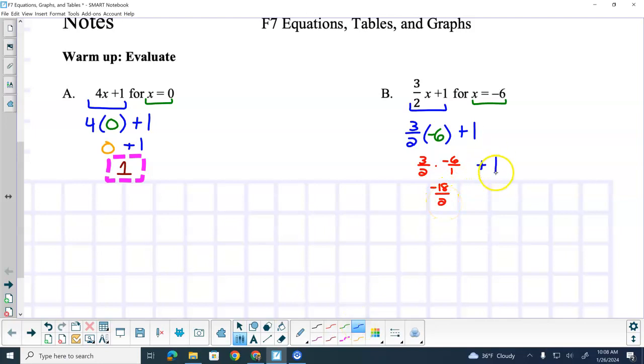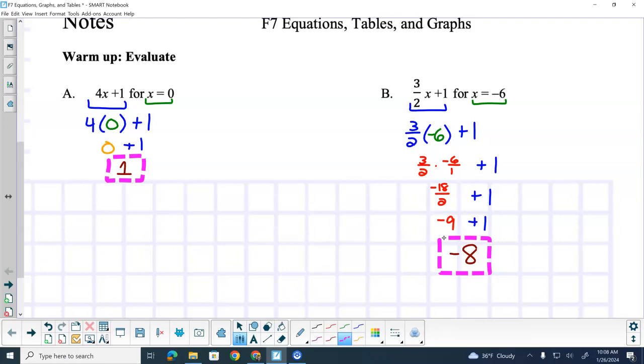Still adding 1, still coming along for the ride. Negative 18 divided by 2 is negative 9. Still adding 1, negative 9 plus 1 is negative 8. So we should have negative 8 for that one right there. Okay. Good. All right.